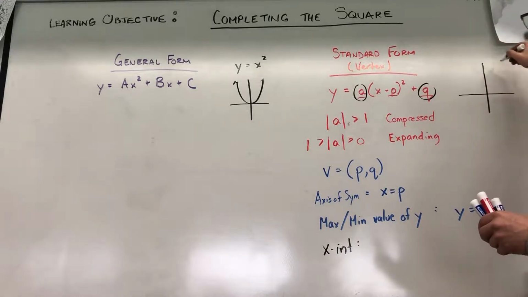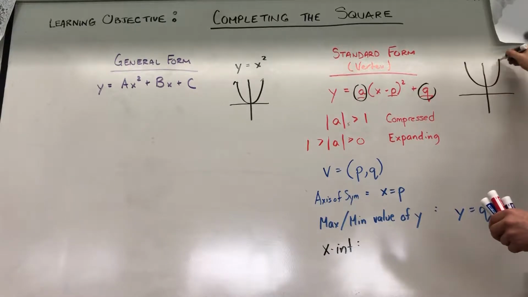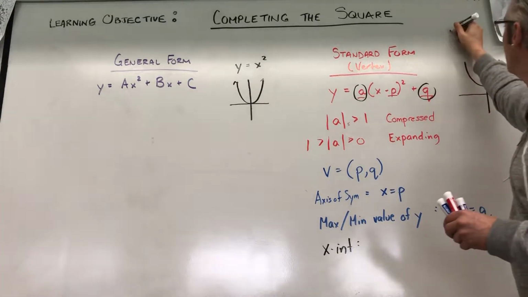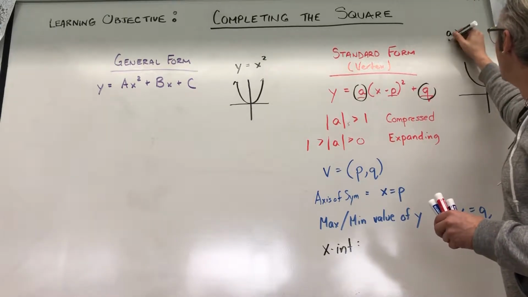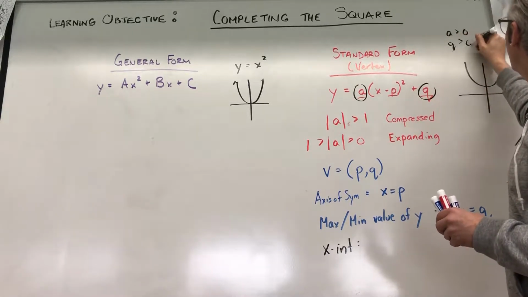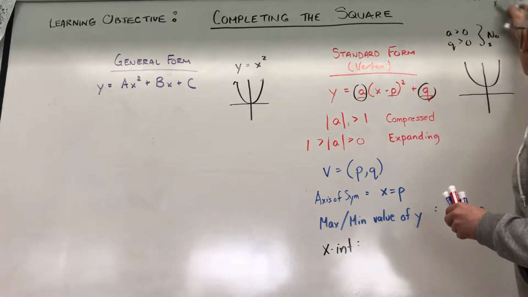So if a is positive and q is positive, then we're going to be anywhere above the x-axis, which means if a is greater than 0 and q is greater than 0, we're going to have no x-intercepts.